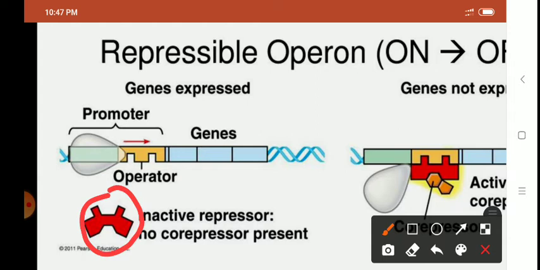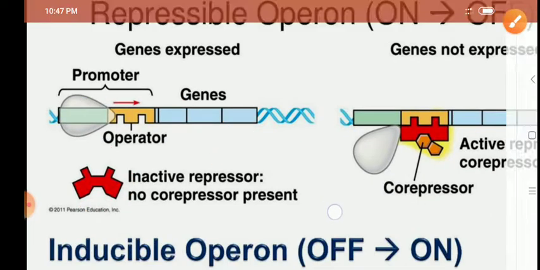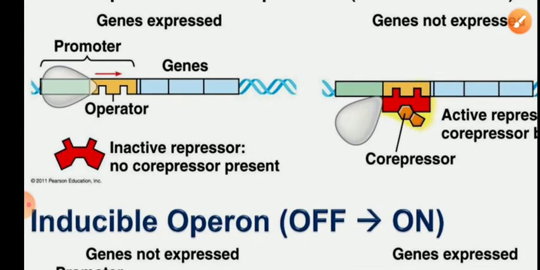So the operator gene is free, and hence this RNA polymerase enzyme can move ahead, reaches the structural genes Z, Y and A. All the three structural genes are transcribed and protein synthesis takes place. Is that clear? So when co-repressor is absent, all the three structural genes are expressed.